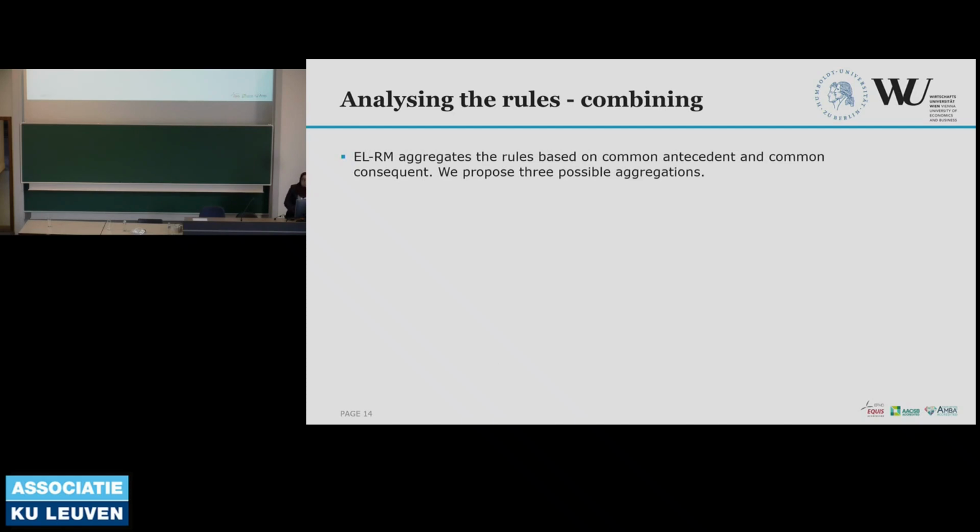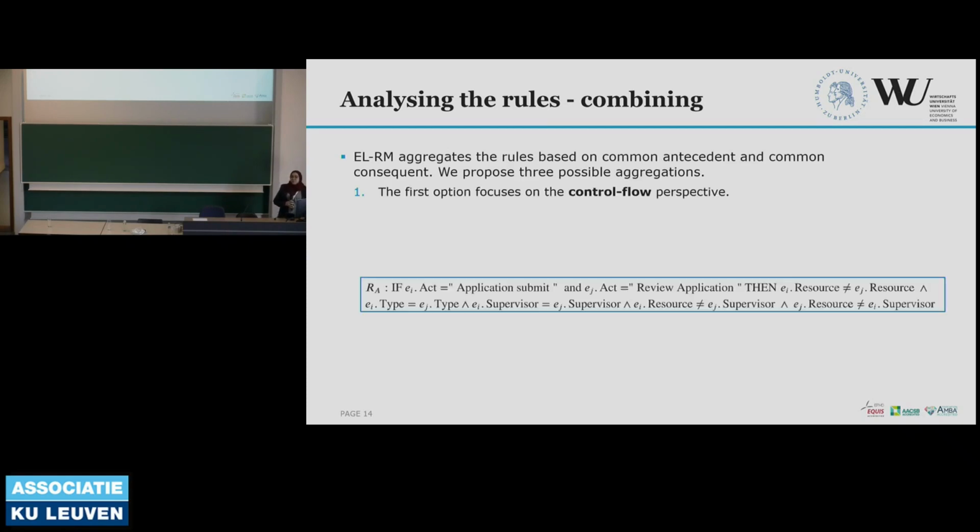Then the second technique we propose is combining the rules, and we have 3 templates to try to combine the rules to reduce their numbers. The first one, where we focus on the control flow, and at this point, everything on the consequences is in an AND relation, so all of them have to be true, so this rule will be supported by the log.